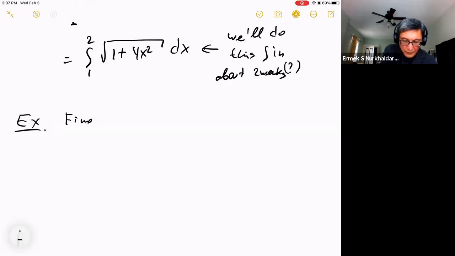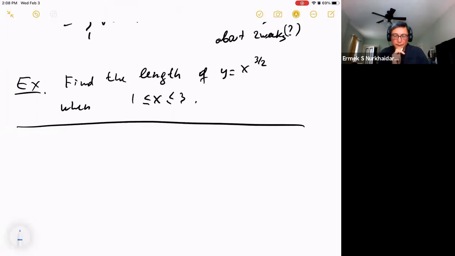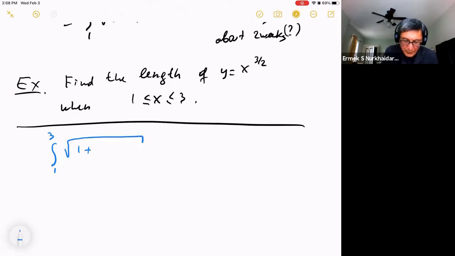Find the length. This one we will be able to finish. Of y equals x to the 3/2 when x is between, say, 1 and 3. Again, we have our formula: the integral from 1 to 3 of square root of 1 plus derivative squared dx.